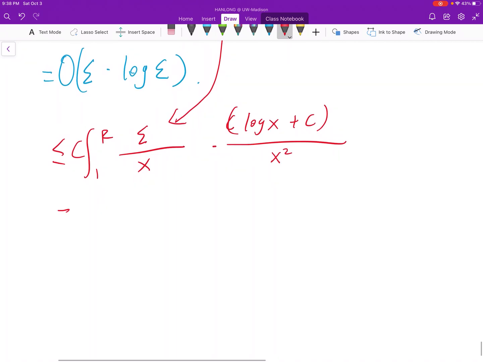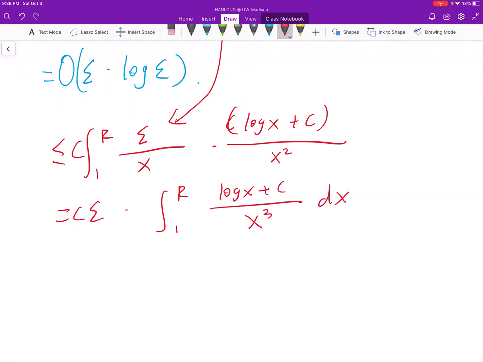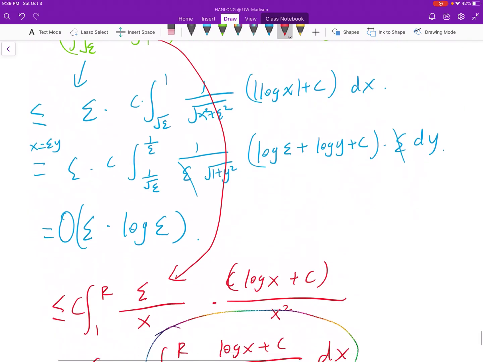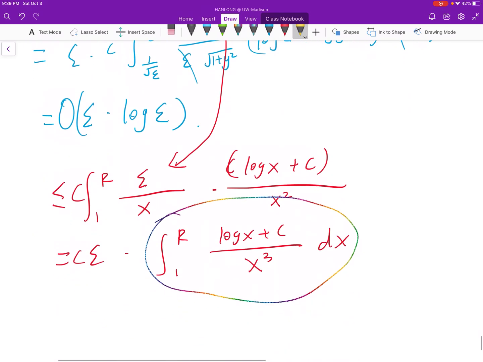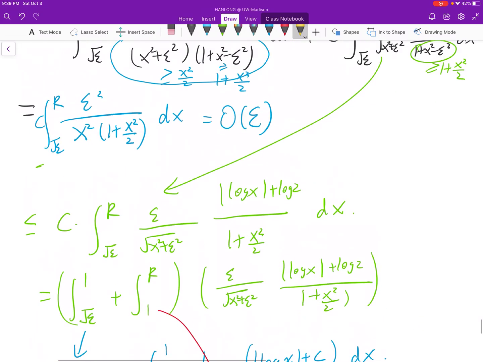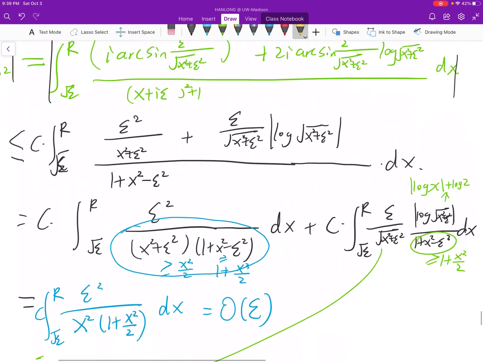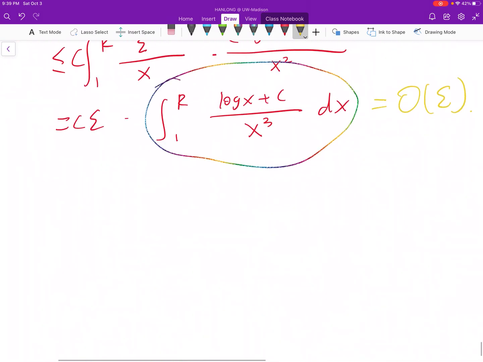And this is epsilon times constant times the integration of log x plus some constant over x cubed dx. Since this is bounded, the whole thing will be O epsilon. Okay, then we finish the estimate for J42.